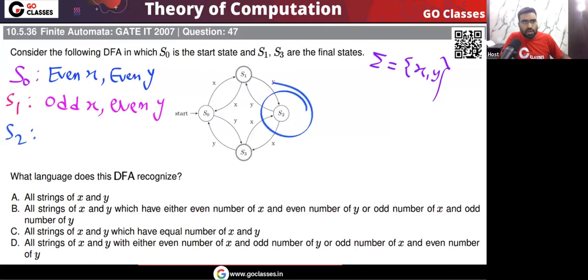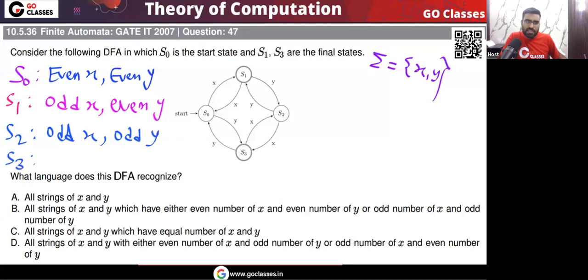S2 has odd X, odd Y. And what is S3? Look at S3. That is even X, odd Y.